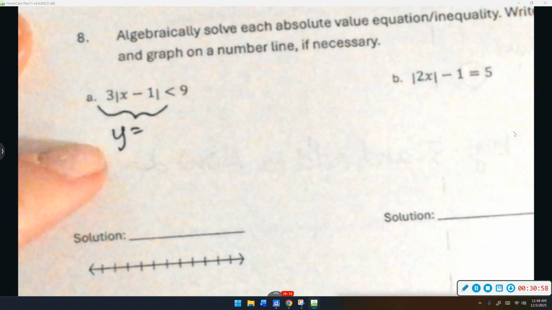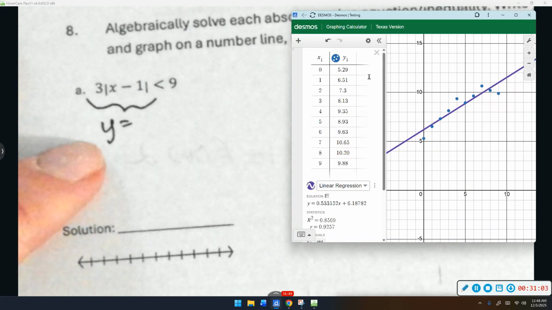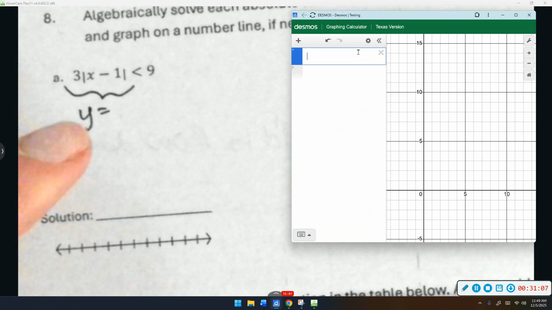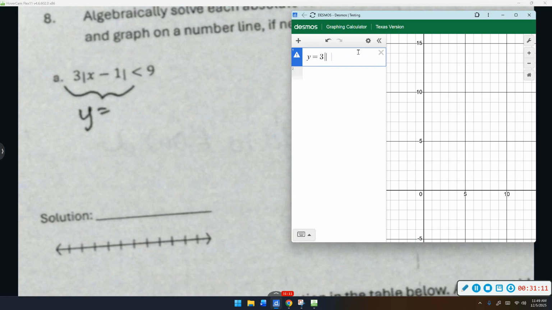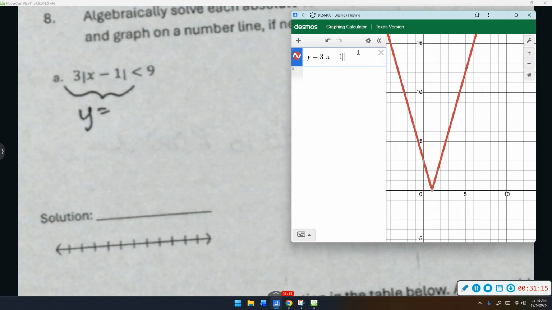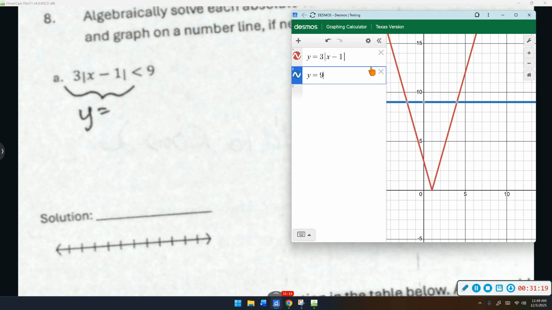I take the left side and I do y equals that. So I'm going to open Desmos. All right, so I'm going to do y equals 3 absolute value of x minus 1. And then here I'm going to do y equals 9.